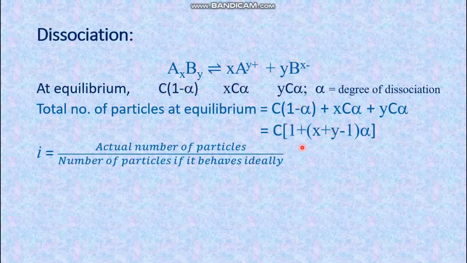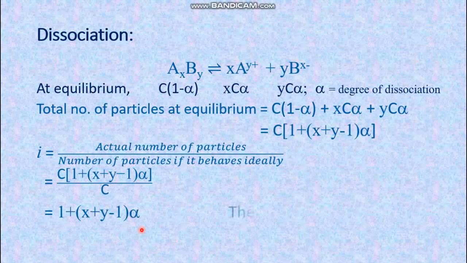The experimental value of the concentrations, that means the actual number of particles, divided by the number of particles if it behaves ideally, is actually divided by C. So in the numerator you put this value, and in the denominator you put only C, and after cancelling we get this expression.